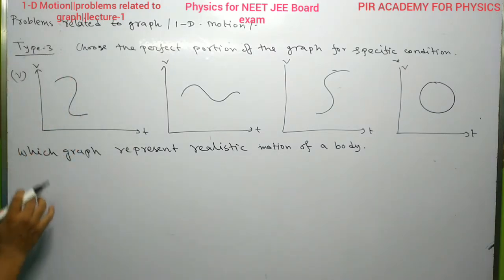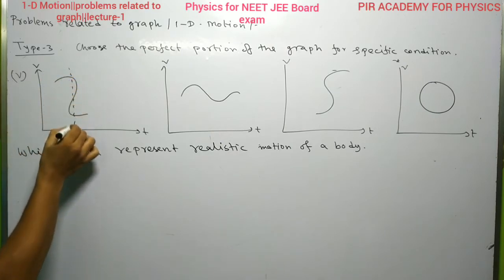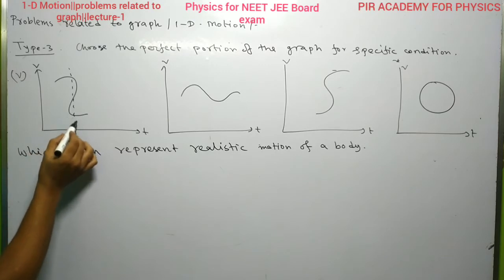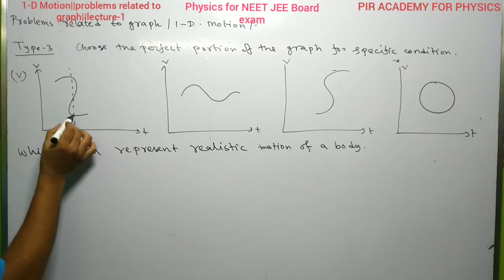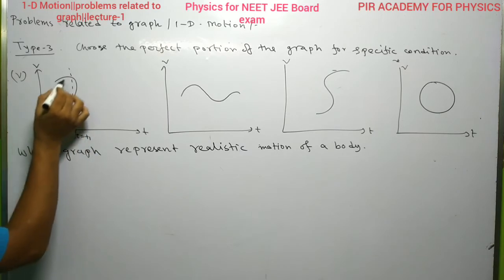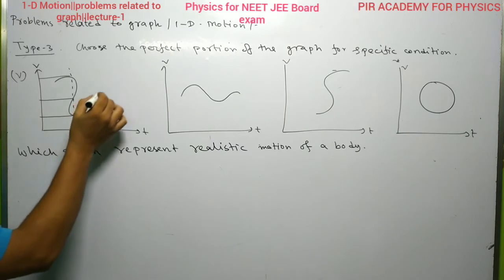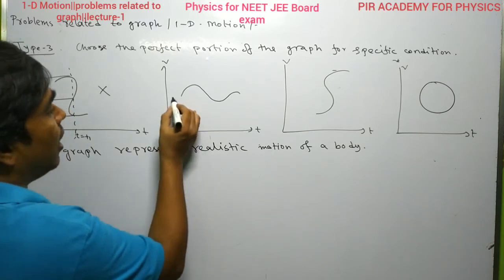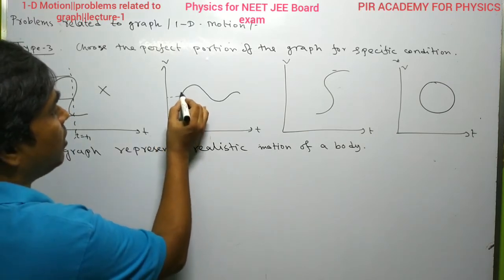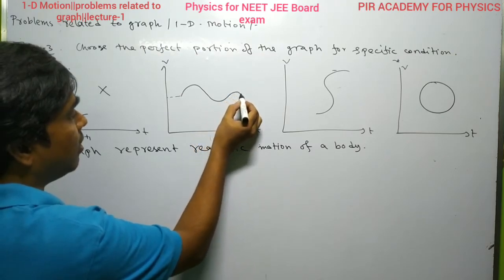So for this graph, suppose this is time t1. At t1 this particle has 3 velocities, which is not possible. So this graph is not possible. Here you see the velocity is increasing, then decreasing, then increasing and then decreasing.